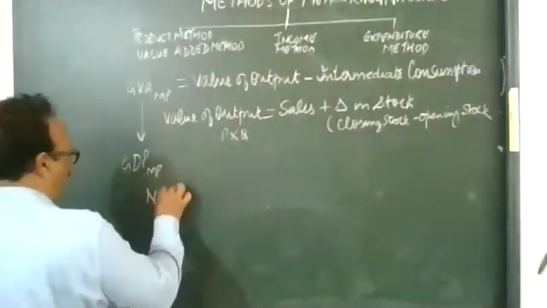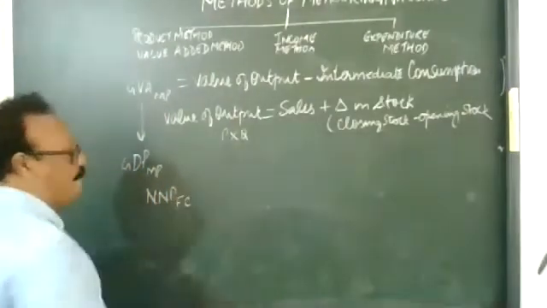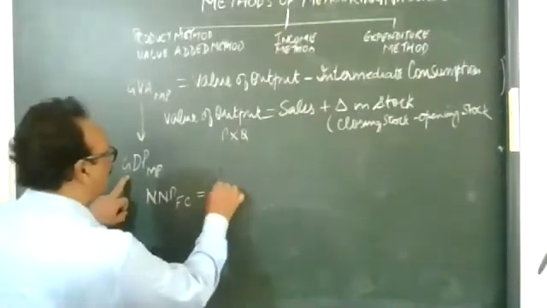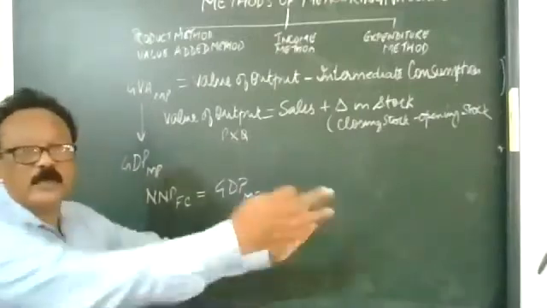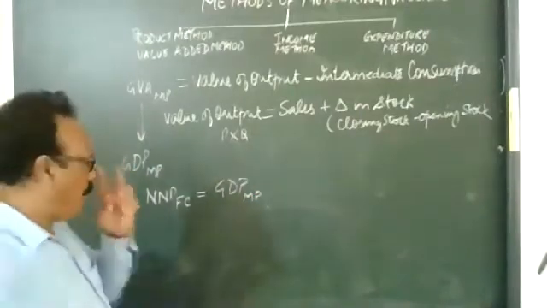How do you calculate the national income? NNP at factor cost is national income. What value have we arrived at? GDP at market price. Now from here it is very easy to develop your formula. How?